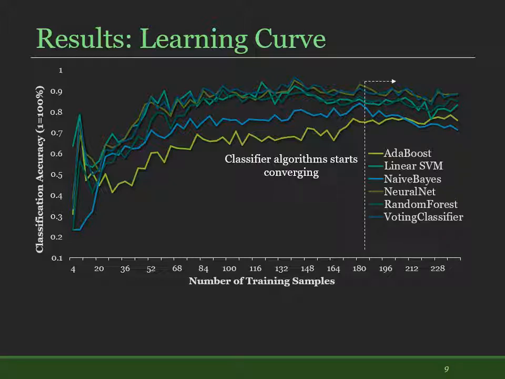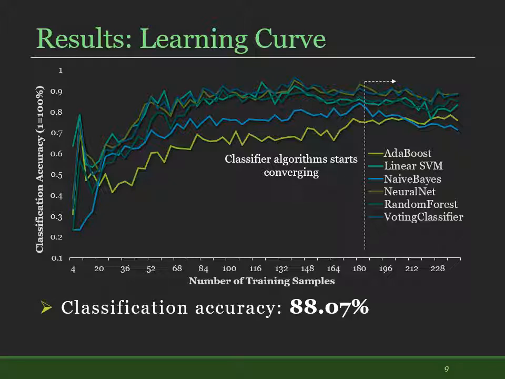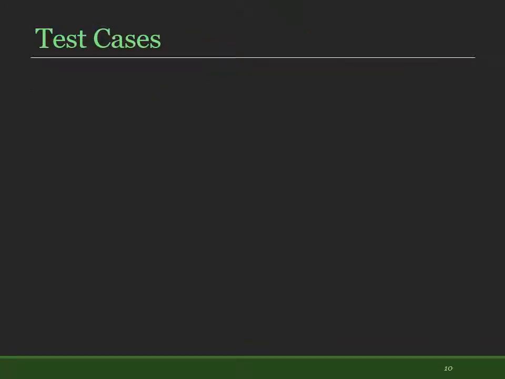As you can see, most of the classifiers start to converge after approximately 180 training samples, and hence not too many training samples are required. On average, our results show that the classifiers that we use can reach 88% accuracy in predicting the type of each particular delivery.